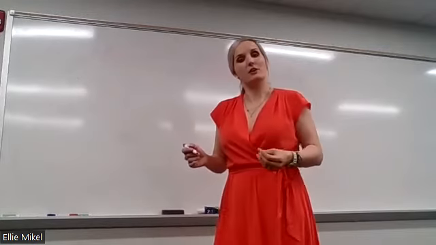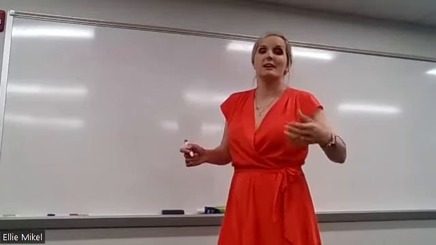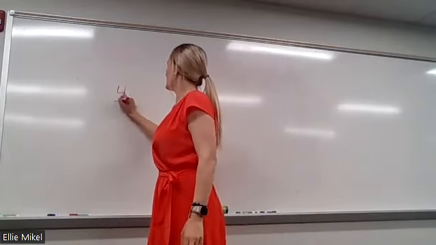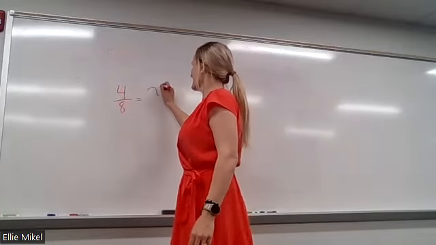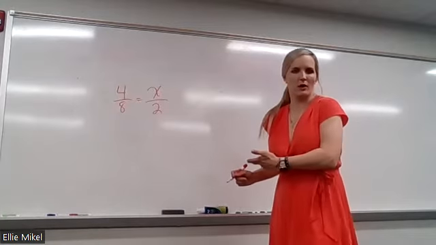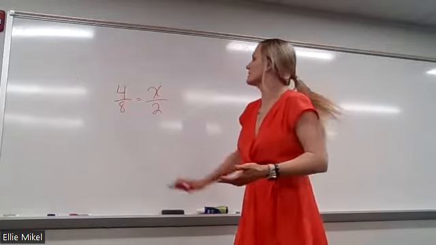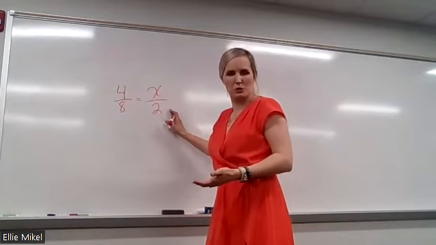But in the event that part of that proportion is missing, we can solve for that. So let's say we have 4:8 as x is to 2.